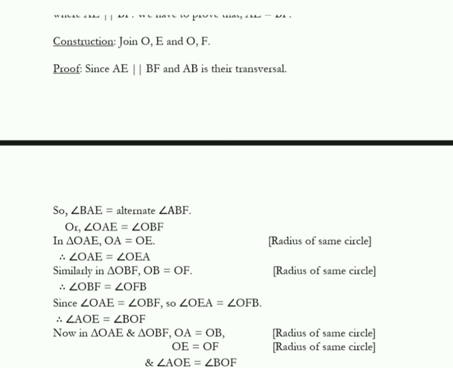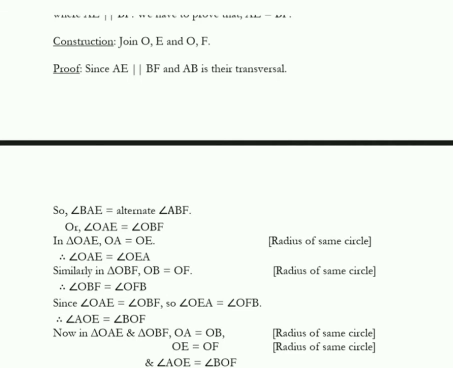Similarly, OB and OF are also equal as they are radii of the same circle, so we can write that OBF and OFB are equal. Earlier we proved that angle OAE is equal to angle OBF. Now, instead of OAE we can write OEA, and instead of OBF we can write OFB.